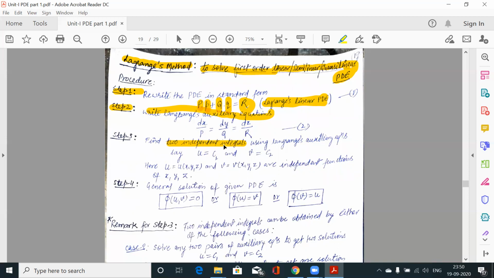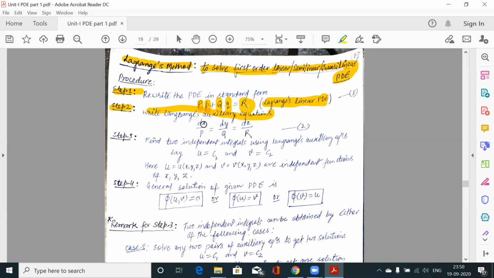So anyhow we have to use these auxiliary equations to get two independent integrations, I would say. Instead of solution, I should say two integrations. So using these auxiliary equations, we have to get two integrations.